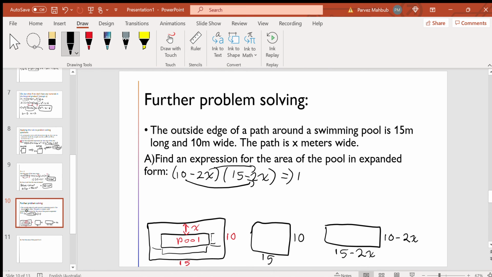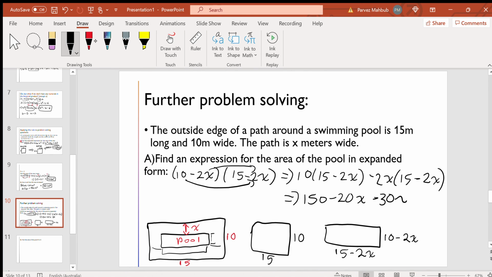So 10 times 15 minus 2x, and let's simplify it by not adding a plus, so minus 2x times 15 minus 2x. And this becomes 150 minus 20x minus 30x plus 4x.